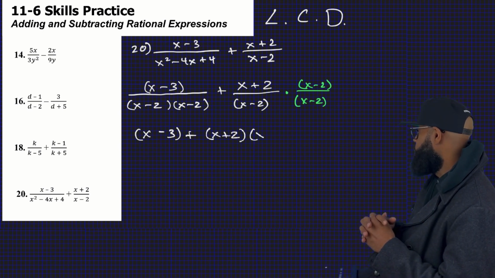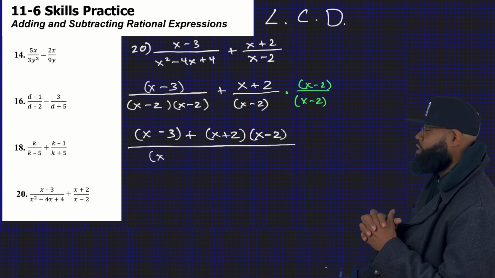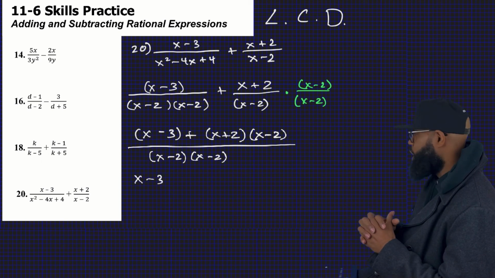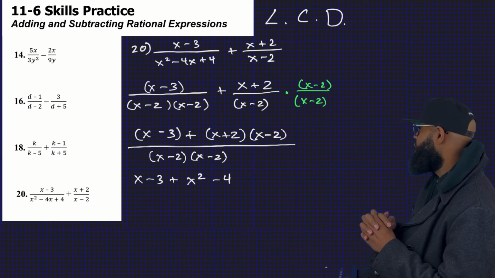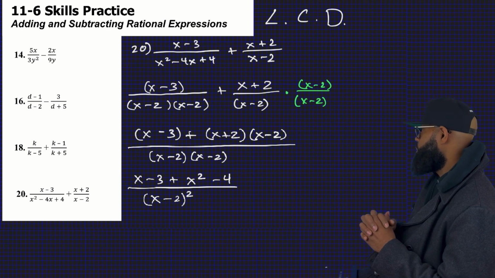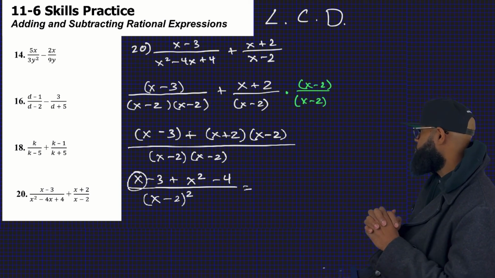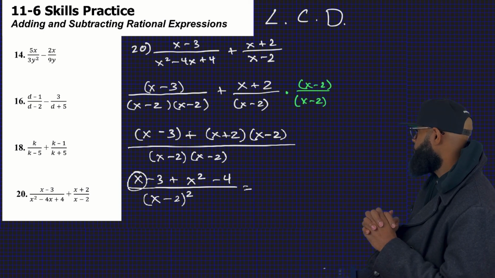Second numerator, though, x plus 2 times x minus 2, which basically is the difference of 2 squares. You multiply it out. But we have the same denominator. That's what we were attempting to get, and we got it. So top, x minus 3 plus x squared minus 4. The middle term cancels out because of the plus minus. And the denominator is just x minus 2 all squared.